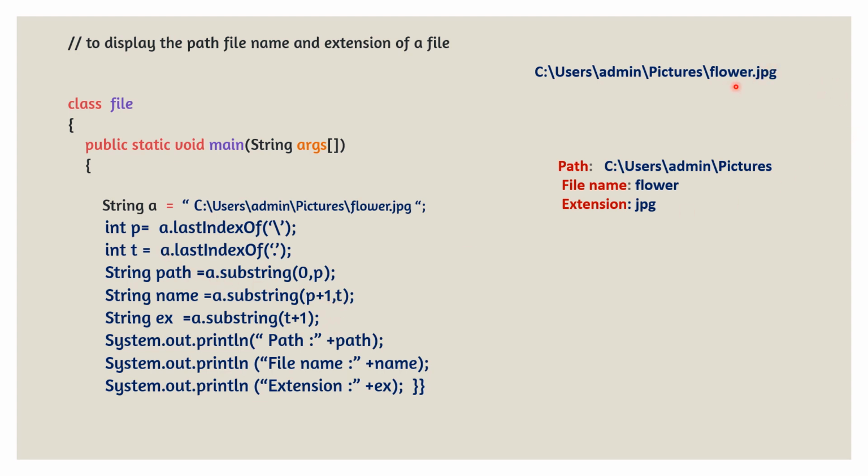So the word flower will be stored in the variable name, and String ex is equal to substring of t plus 1. That means after the full stop, whatever word is remaining will be stored in the variable ex. So like this, we can extract the three parts and store them in variables, and then do the printing of path, file name and extension according to the given question.